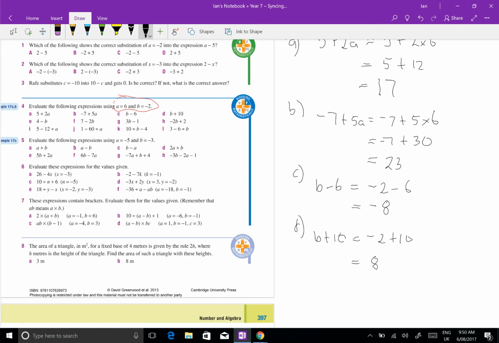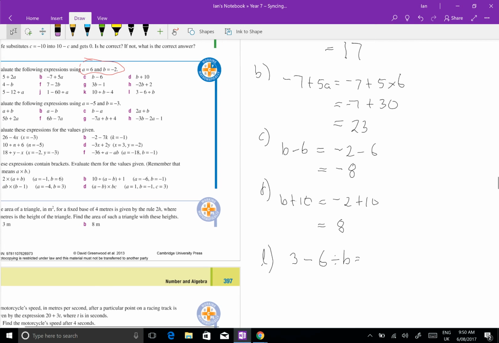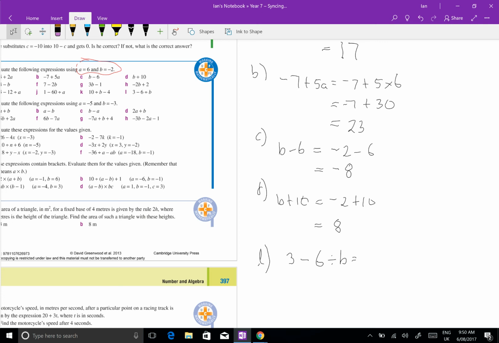I might finish with L. And I've got 3 minus 6 divided by B. So again, substitution, I just put the value in. 3 minus 6 divided by negative 2.